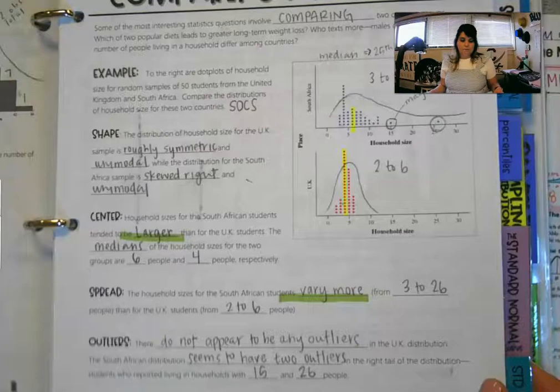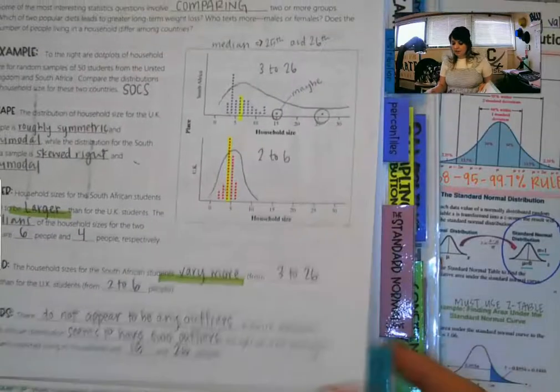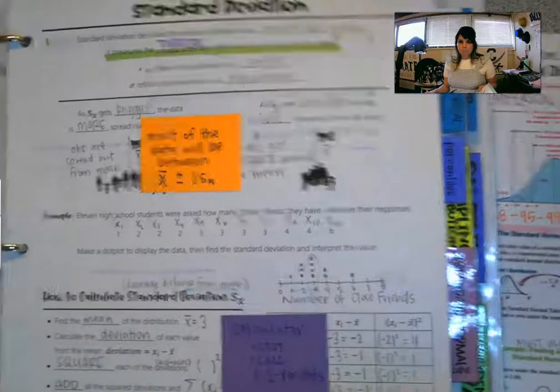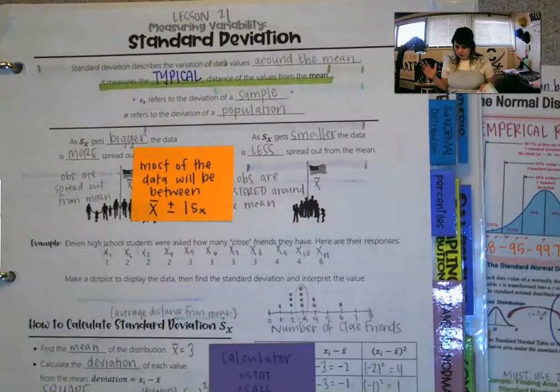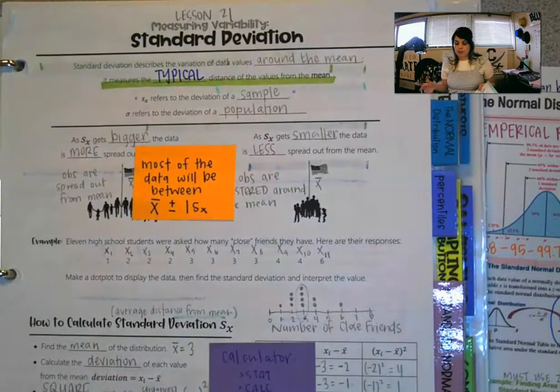standard deviation. Standard deviation tells you how far on average your observations are from the mean. So we're focusing on the variation around the mean.